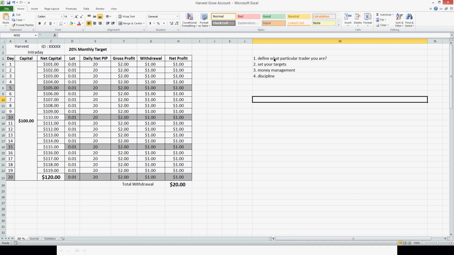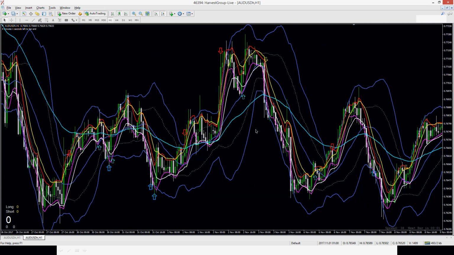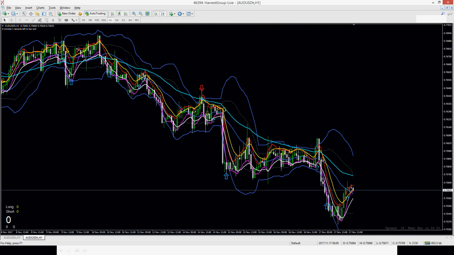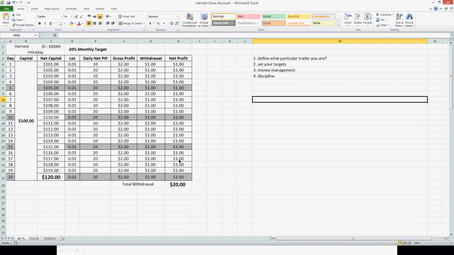So you define already what particular trader you are. For me, I'm a little bit of both scalping and intraday. But what I did earlier on, as I usually show in my channel, as soon as my entry is already within the parameters of my 10 pips mark, I would already lock that 10 pips and let it go after that, because even if it hits my stop loss, I would still be achieving my daily target.